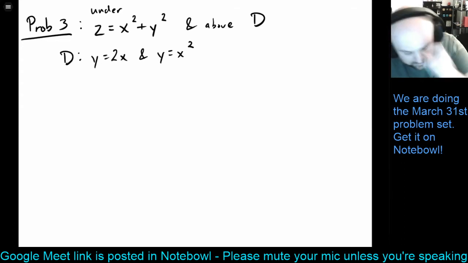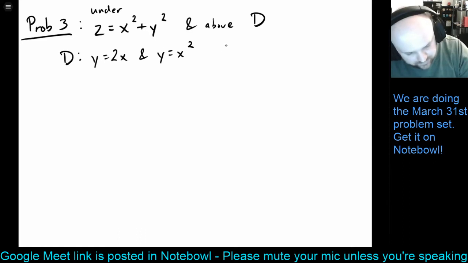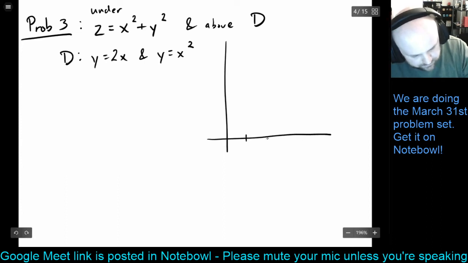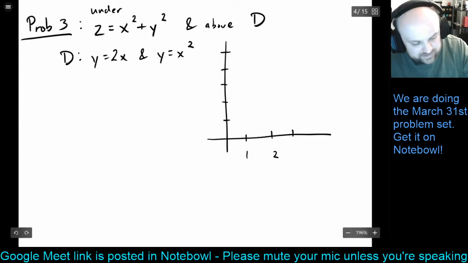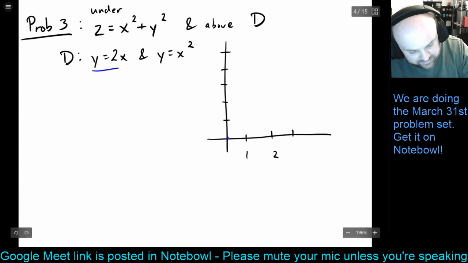Right. So the first thing we need to do is figure out this region that we're graphing over. Let's see if we can get this here. I'm going to do this one in blue. y equals 2x. Start here. When x is 1, y is 2.